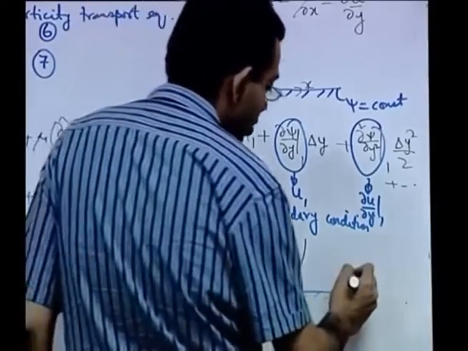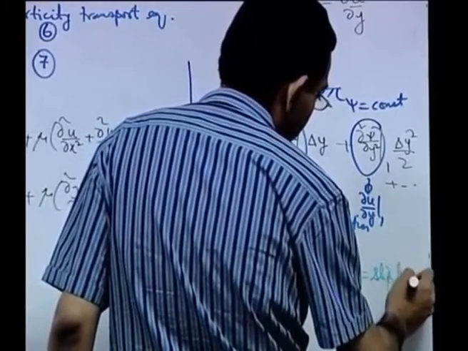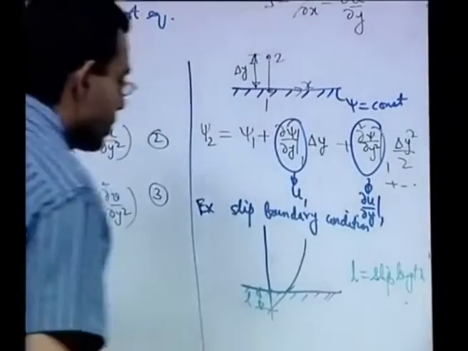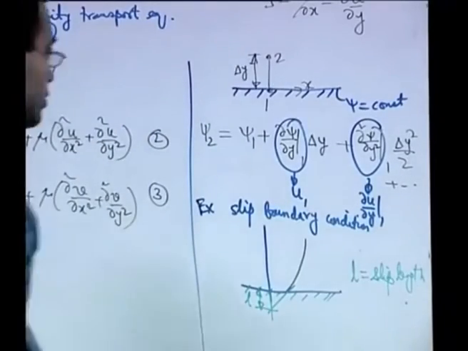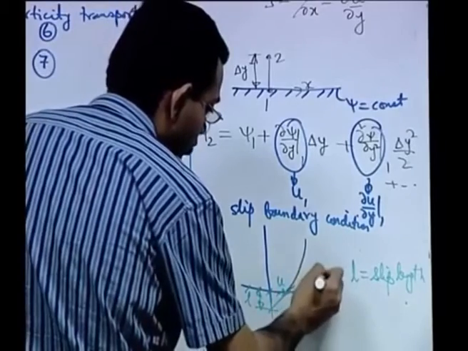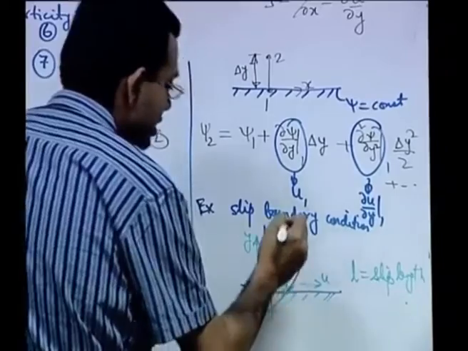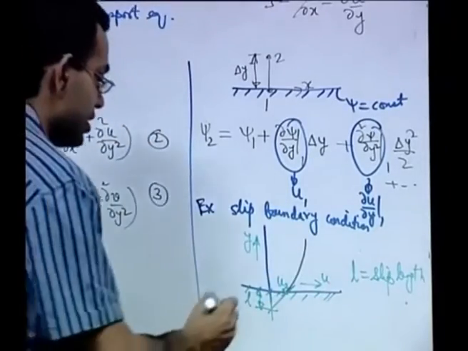This L is called the slip length. So, this is u, this is y, this is the slip velocity at the wall, us.